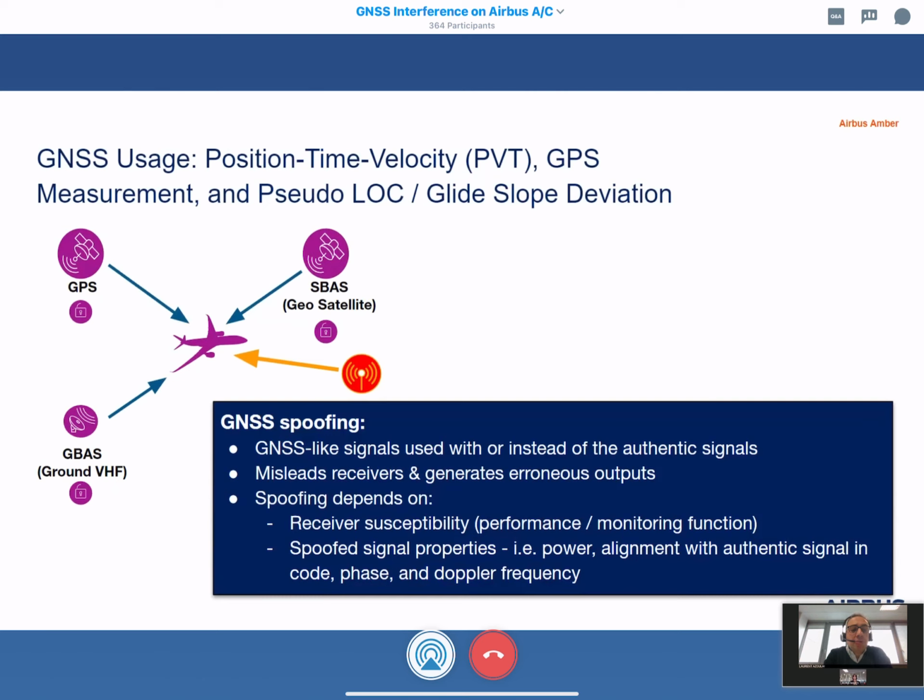The spoofing depends on receiver susceptibility, so the capacity of the receiver to receive the signal from the ground instead of the GPS satellite signal, and inability to monitor and reject this signal, and also on the spoof signal properties, such as strong power and proper alignment with the authentic signal in code phase and Doppler frequency. Usually what happens is that a spoofing signal intervenes after jamming has occurred, because the jamming will make the receiver lose the signal, and then the fake signal from the spoofing emitter will replace the authentic signals.